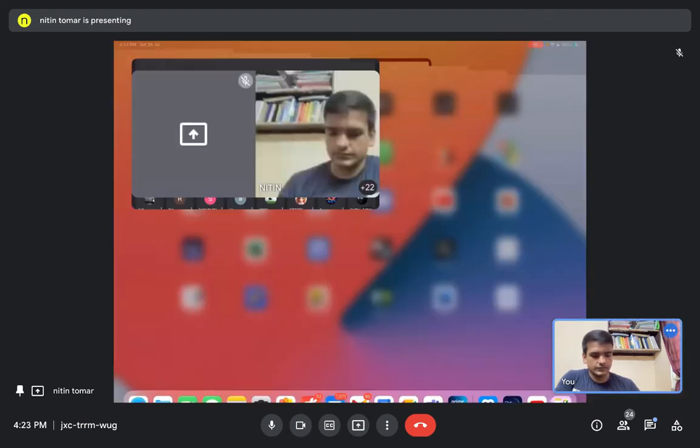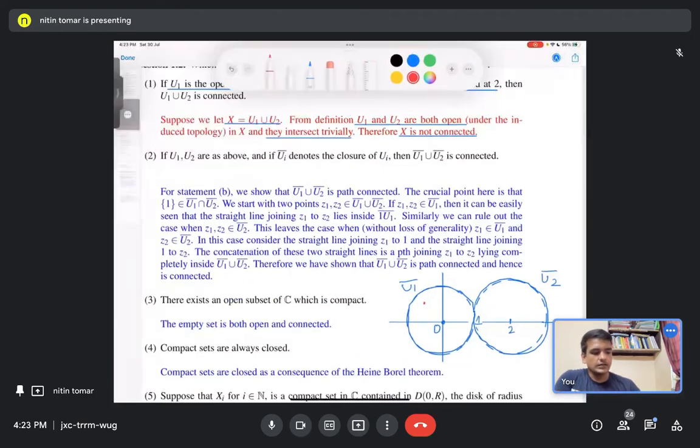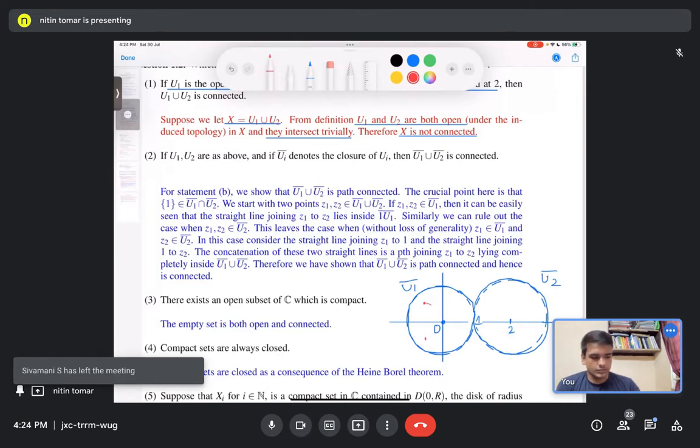Yeah, okay. Thank you. So if you are taking any 2 points in u1 closure, you can always connect them. Other possibility: both the points lie in u2 closure. Again, you can connect them. And the last possibility is, if one point is in u1 closure and another point is in u2 closure, can you connect them?